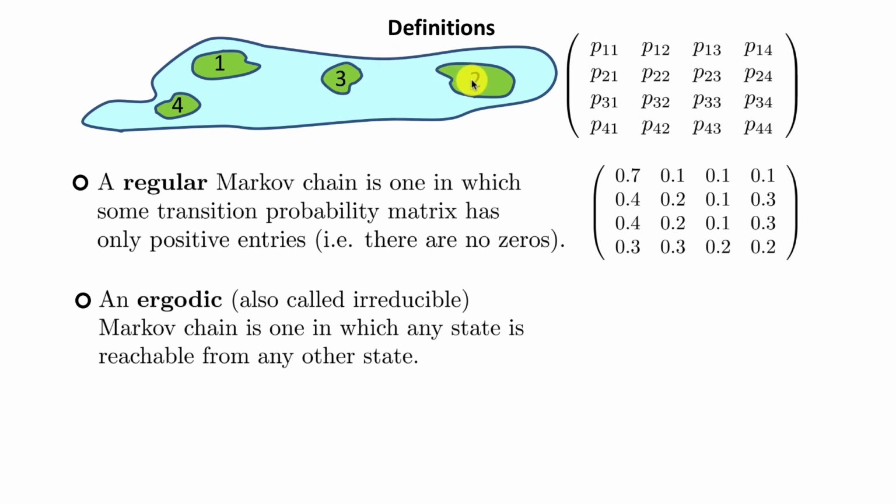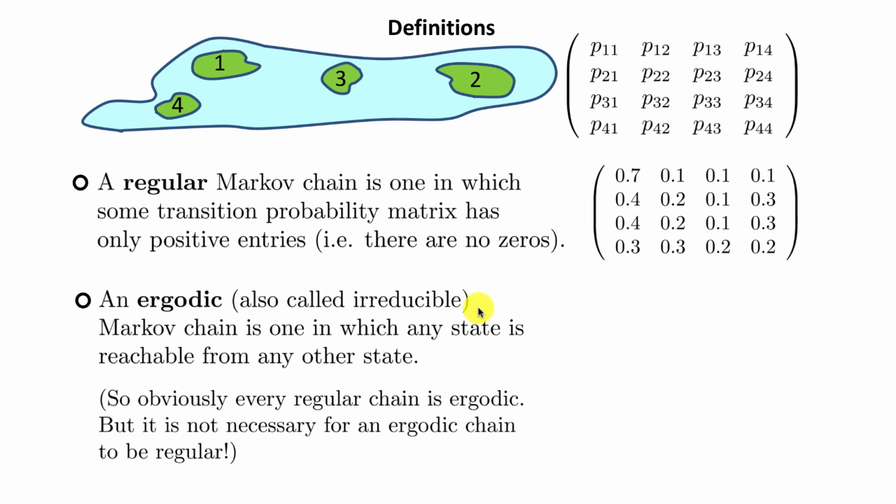If that is the case, and if I can go from 1 to 3 to 2 and 2 to 3 to 4, and if I can go from any state to any other state, then this will be an ergodic Markov chain.